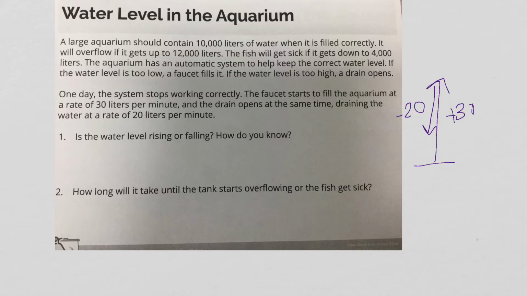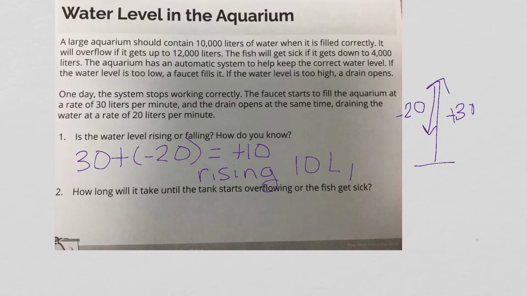Okay, so we have positive 30, and we are adding negative 20, all within the same minute. 30 plus negative 20 is positive 10. So that means the water level is rising, and it's rising 10 liters per minute.